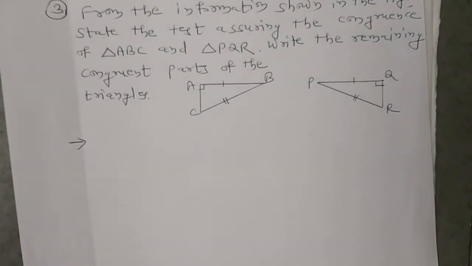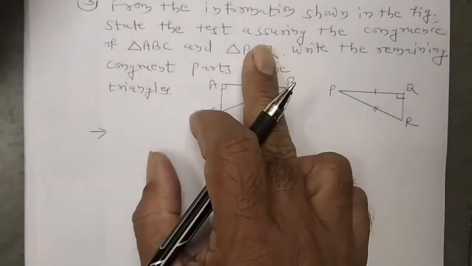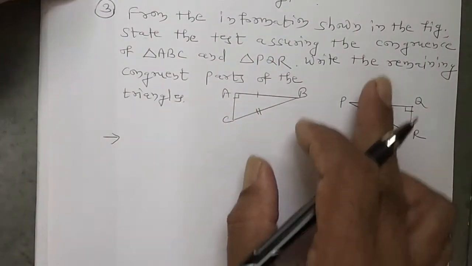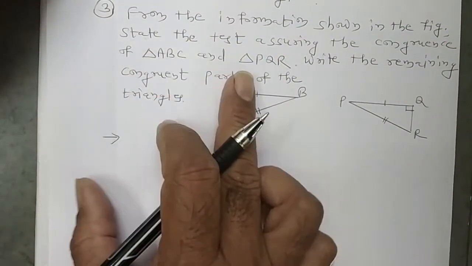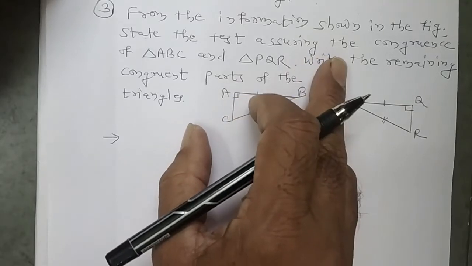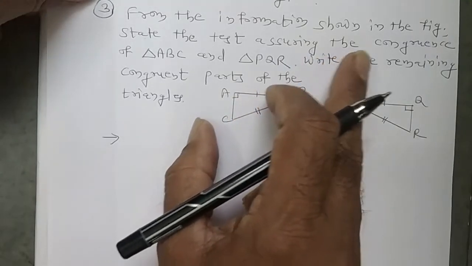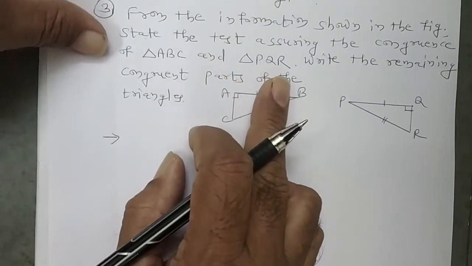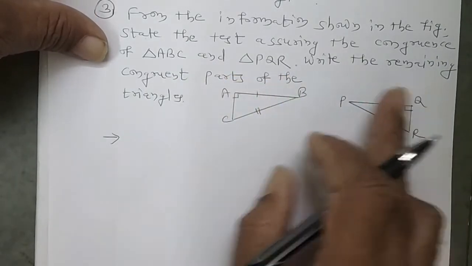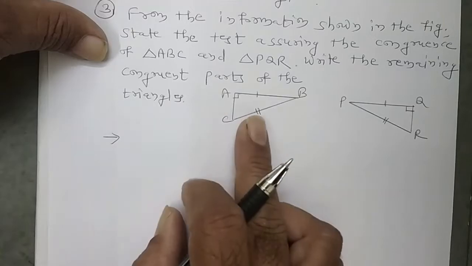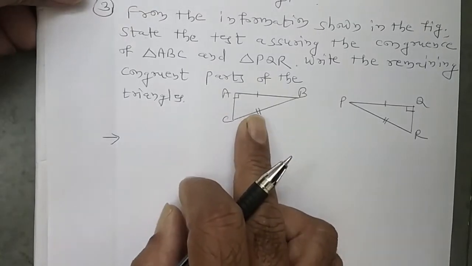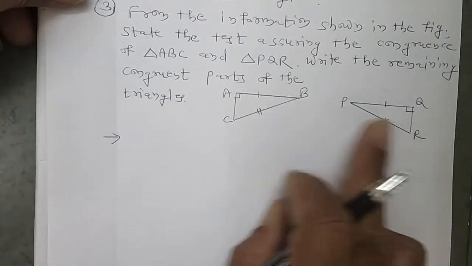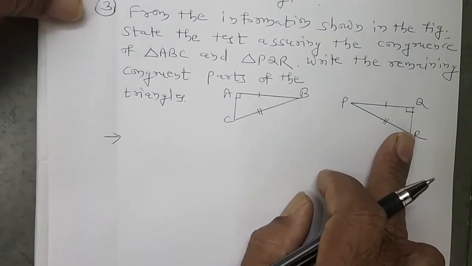Now the third example. From the information shown in the figure, state the test assuring the congruence of triangle ABC and triangle PQR. Write the remaining congruent parts of the triangles. That is, we have to show these two triangles are congruent.